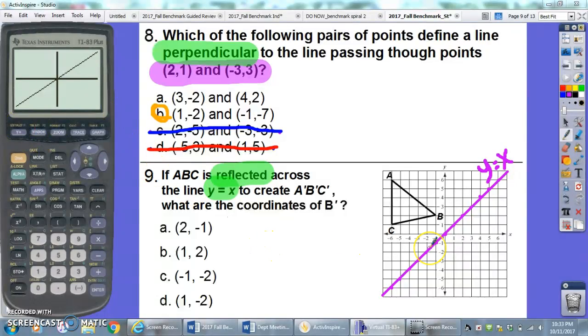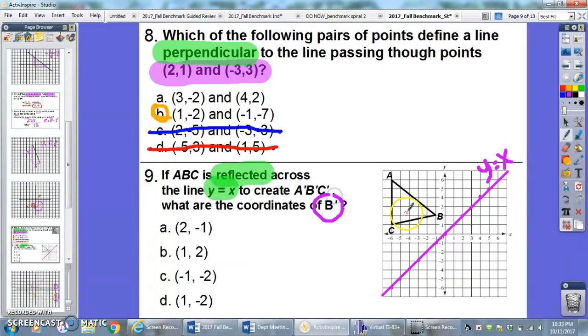Okay? So we're reflecting coordinate B. So all I have to do is count the number of units that B lies away from the line y equals x. So in this case it's 3. Alright, now since I've counted down, now I'm going to count either left or right, whichever one makes the most sense.